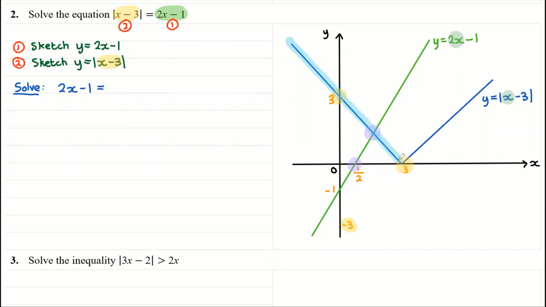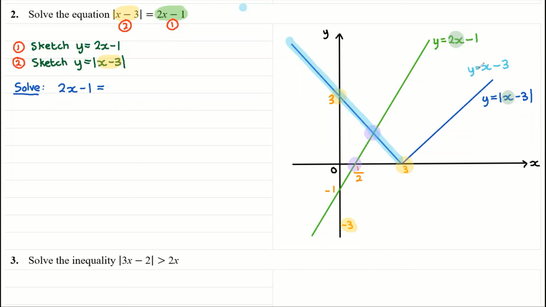Now, as you know, as we've talked about already, these modulus graphs have 2 equations. They're piecewise continuous and they switch over at the point where the expression inside becomes positive. So, for example, this equation is x subtract 3, okay, for that positive branch.